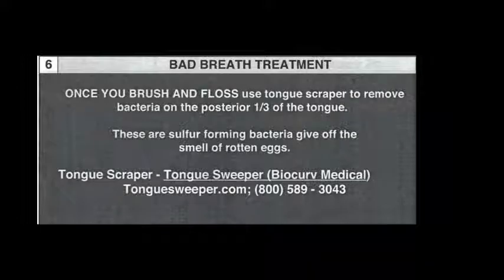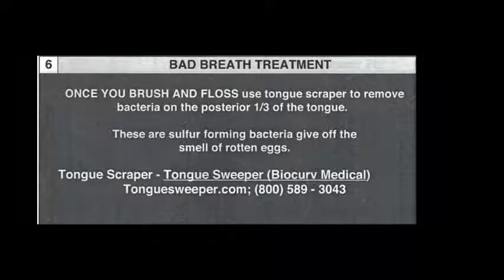Please be aware that after you brush and floss, using the tongue scraper, or the tongue sweeper as it is referred to by Dr. Robert Rippich, is designed to remove the bacteria on the posterior third of the tongue. Very importantly, these are sulfur-forming bacteria that give off the smell of rotten eggs.